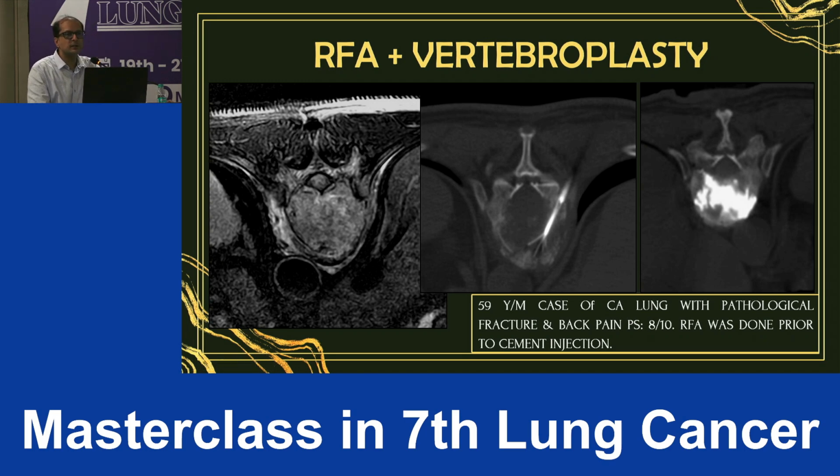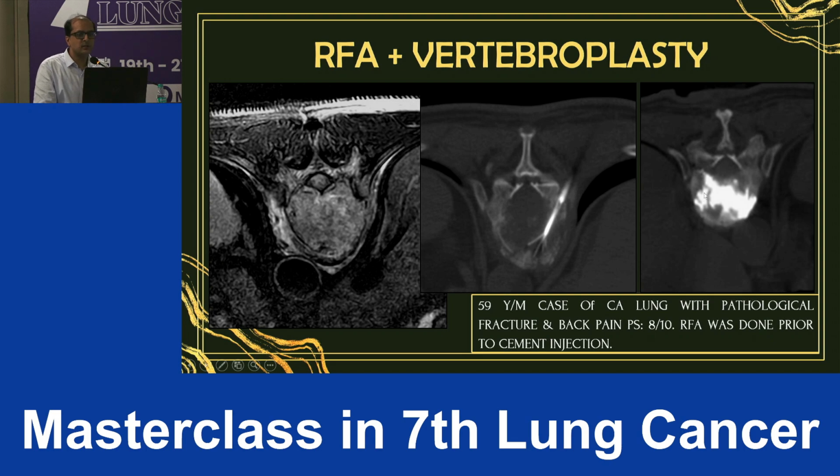Coming on to another palliative procedure, when the patient is having metastatic bony lesions from the CA lung, they have a pain score and a collapse of the vertebra. That is the time we combine two procedures, that is RF ablation, and then cementing. So this is RF ablation, the radiofrequency ablation.